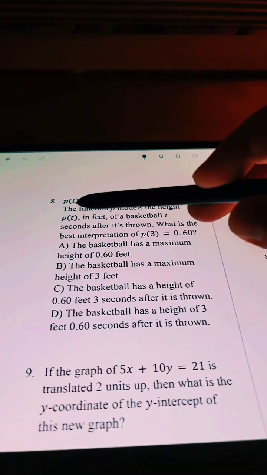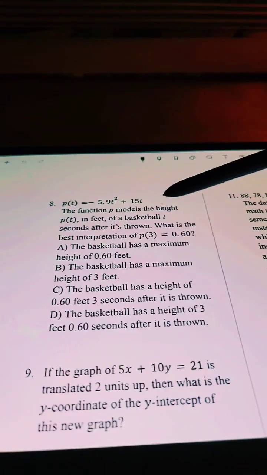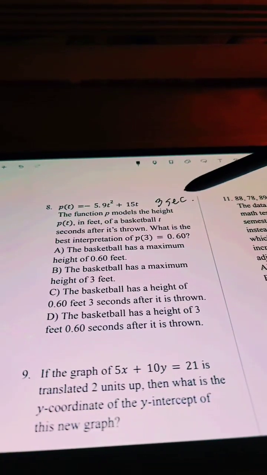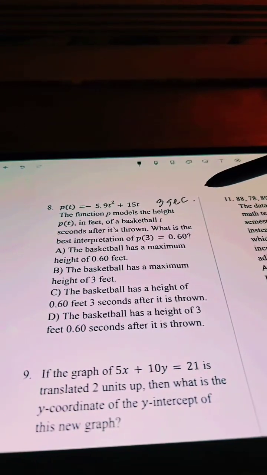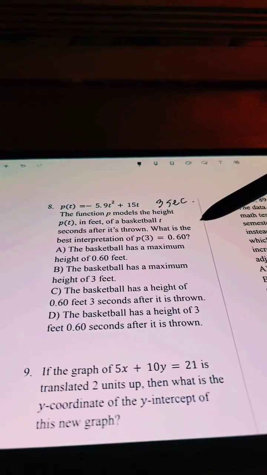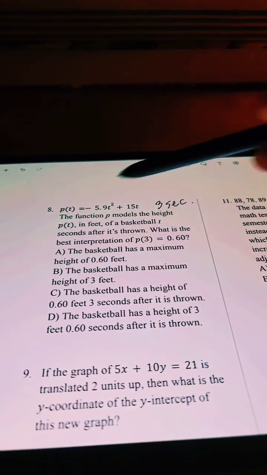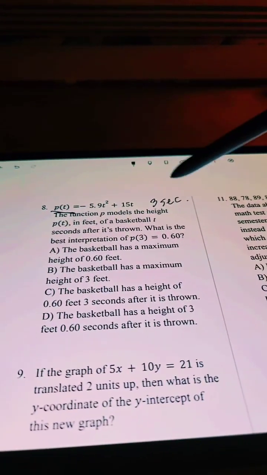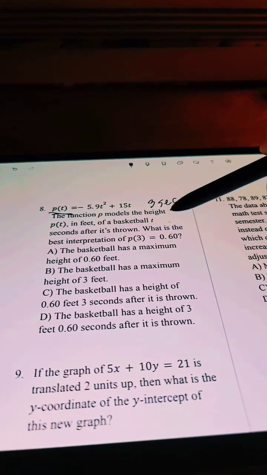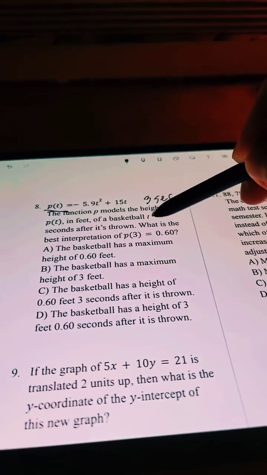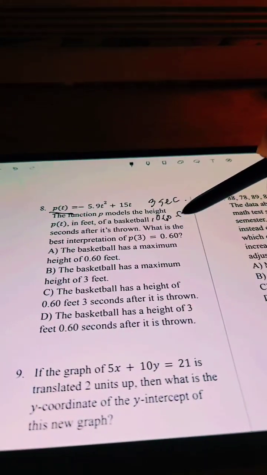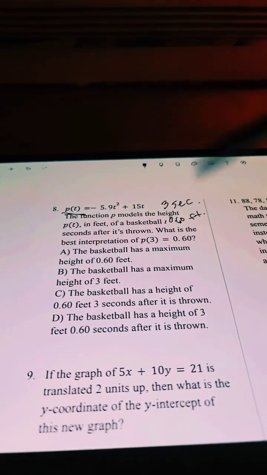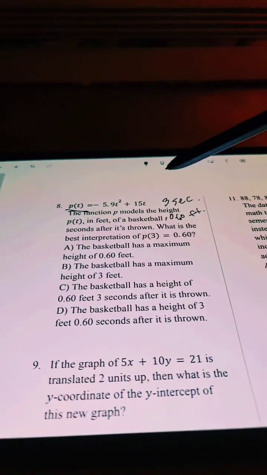So T matches up with 3 there, right? So any interpretation involving 3 should be talking about 3 seconds, because that's the unit that matches up with T. And 0.60 matches up with the whole thing, P of T when T is 3, so it should be 0.60 in feet. That can help you quickly eliminate a lot of choices.